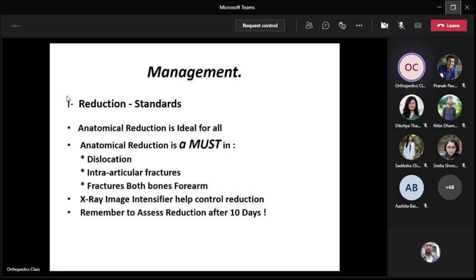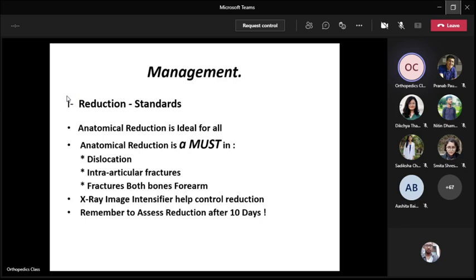Whereas the metaphyseal and diaphyseal fractures have functional reduction. Some sort of overlapping can be accepted. We'll discuss how much to accept or not. Anatomical reduction is a must for dislocation, intra-articular fractures, and fracture of both bones of the forearm.